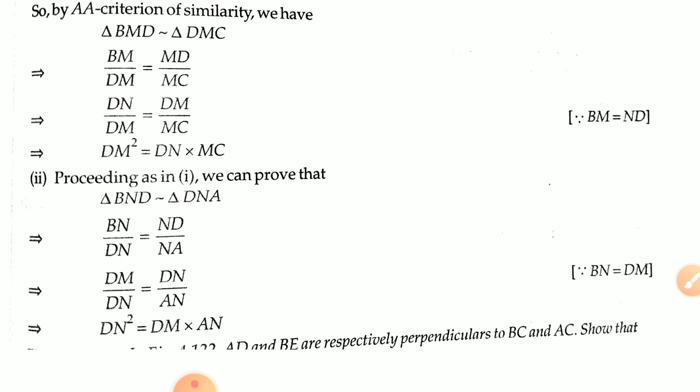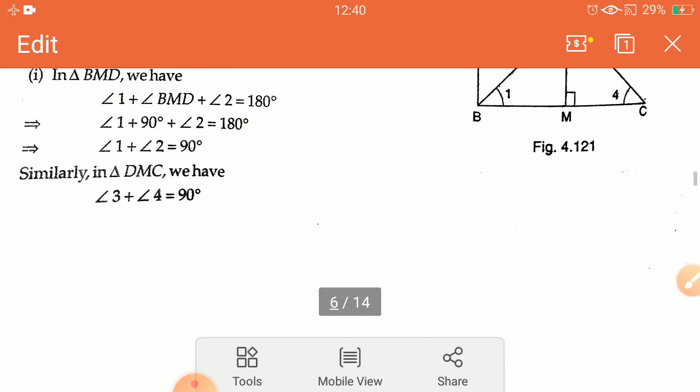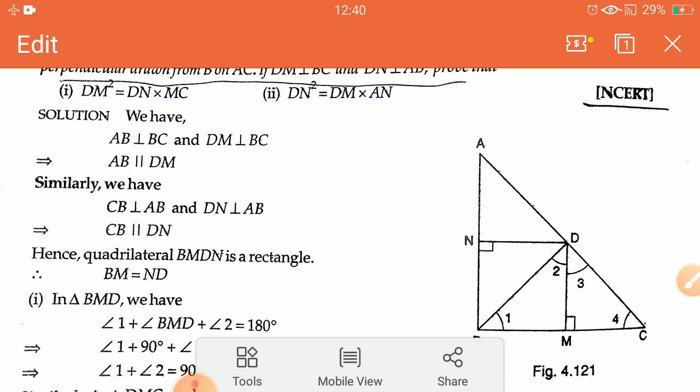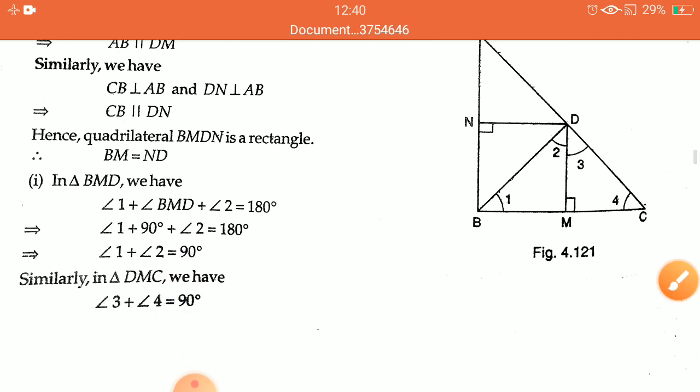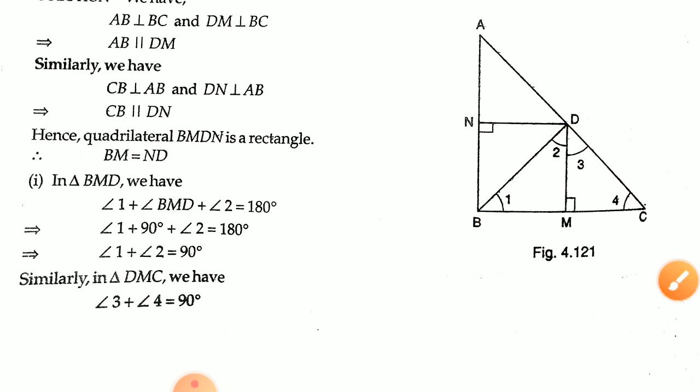Here instead of BM we have written DN, because BM and DN are the opposite sides of a parallelogram.